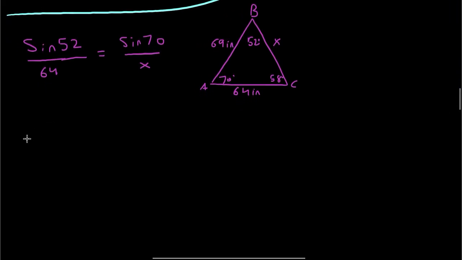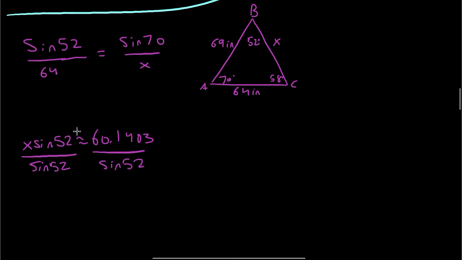All right, so now we cross multiply. We're going to have x times sine of 52 is roughly equal to sine of 70 times 64, which is roughly equal to 60.1403. We're going to divide each side by sine of 52.